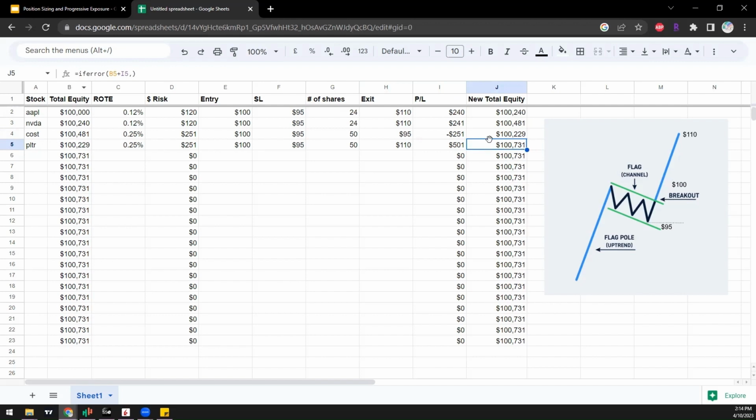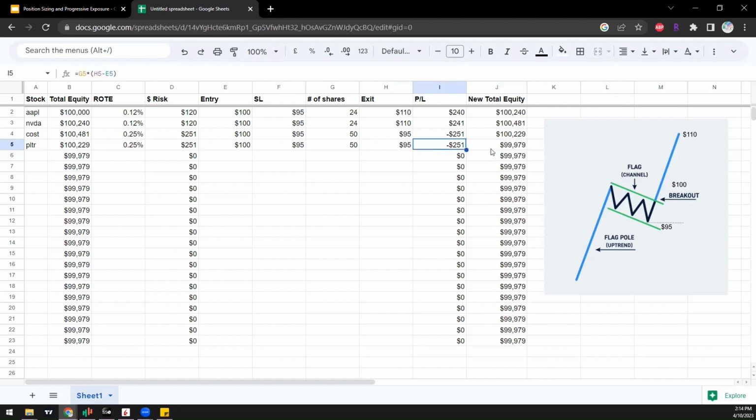That takes our equity to a new high of 100,731. So we're now comfortably up in our account with a cushion of around $730. But suppose Palantir didn't work, we would have been down another $250 or back to 99,979, which is roughly 100,000. We would have lost just $30 on the account.